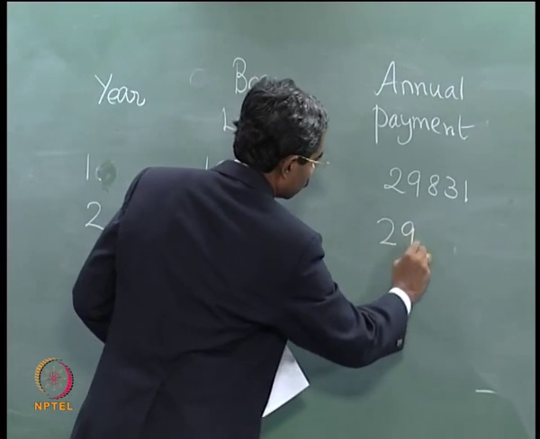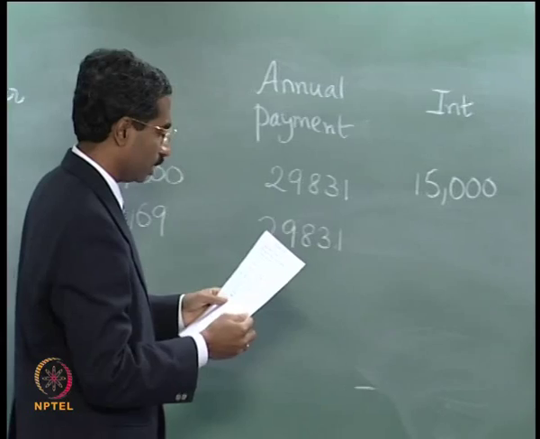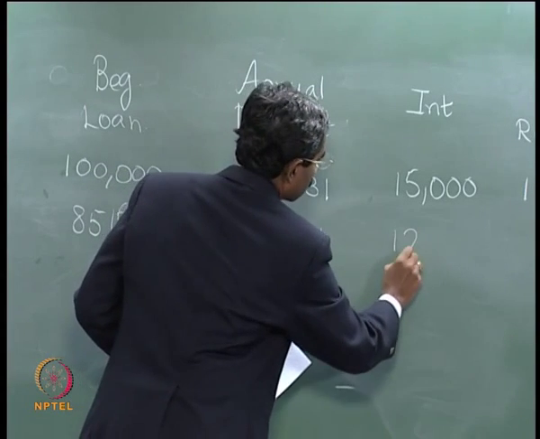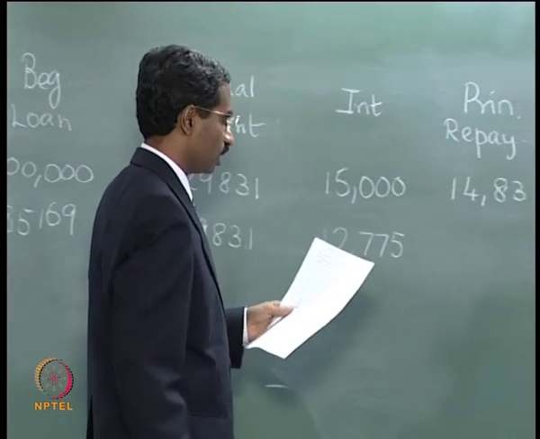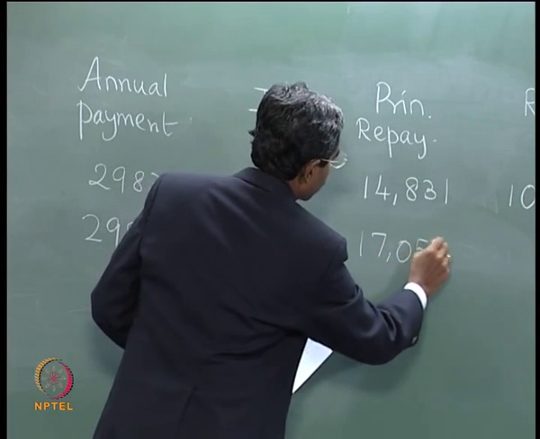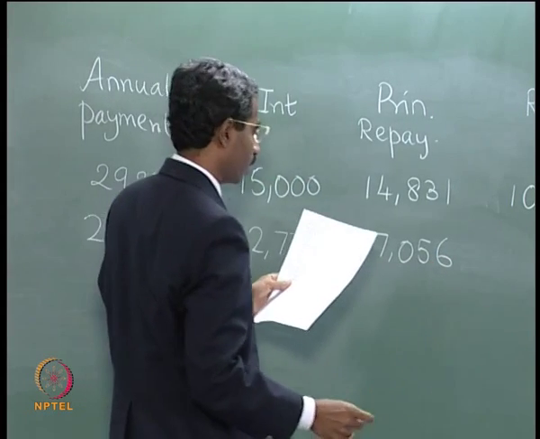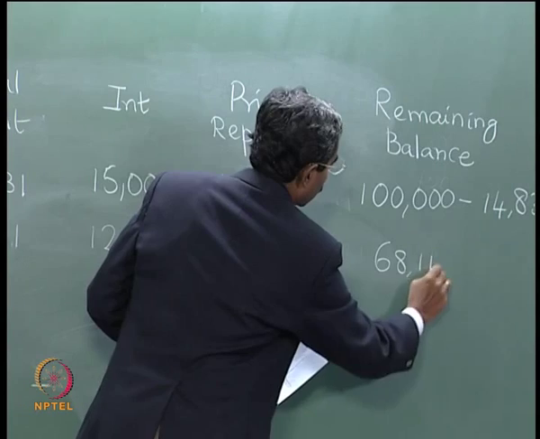So 29,831 is the annual payment for year 2, out of which 12,775 is towards interest and 17,056 is towards principal repayment, and the remaining balance is 68,113.